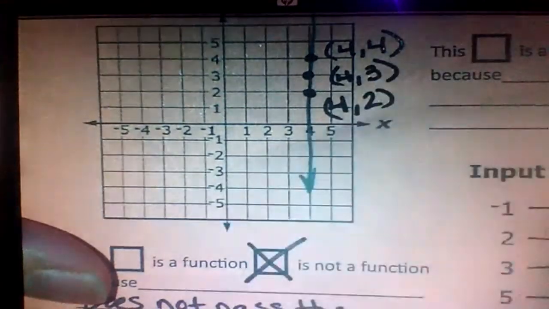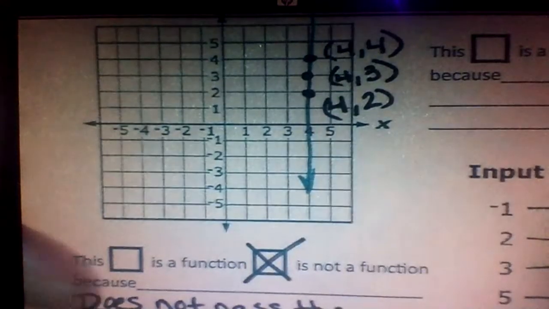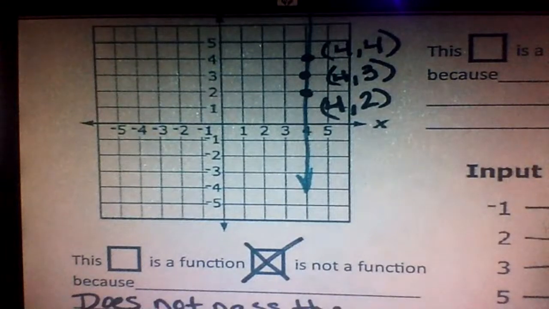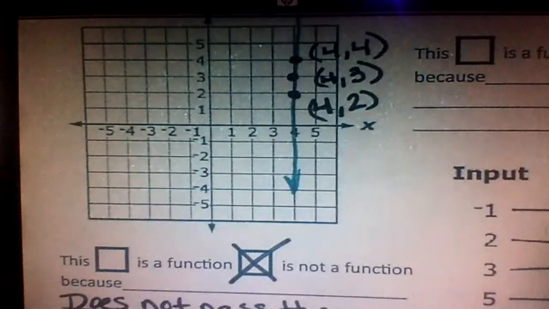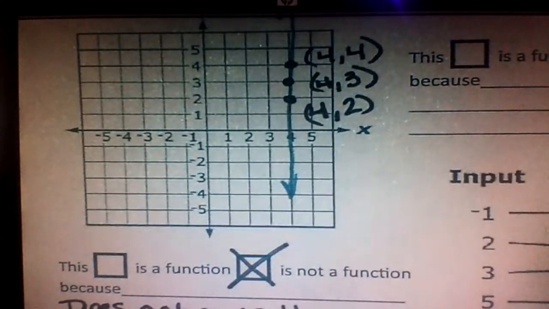It actually has 3 different relationships because it also has a relationship with 4. So 4 has 3 different relationships, which is a no-no. So it is not a function. Does that make more sense, Brenda? Yes. Beautiful. It's on homework.